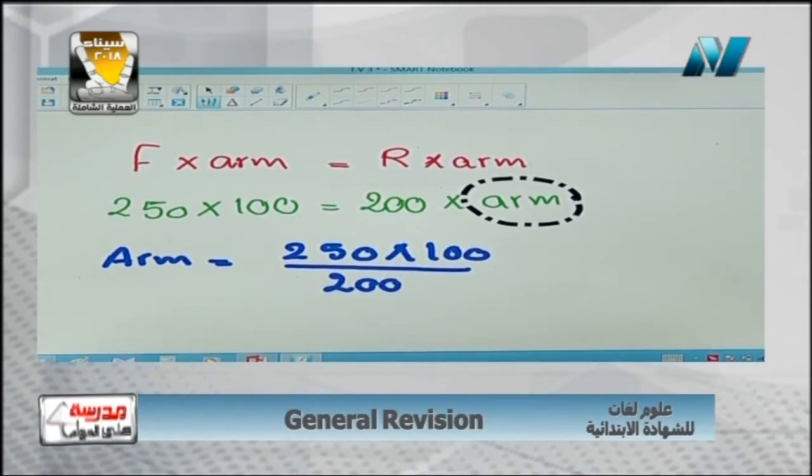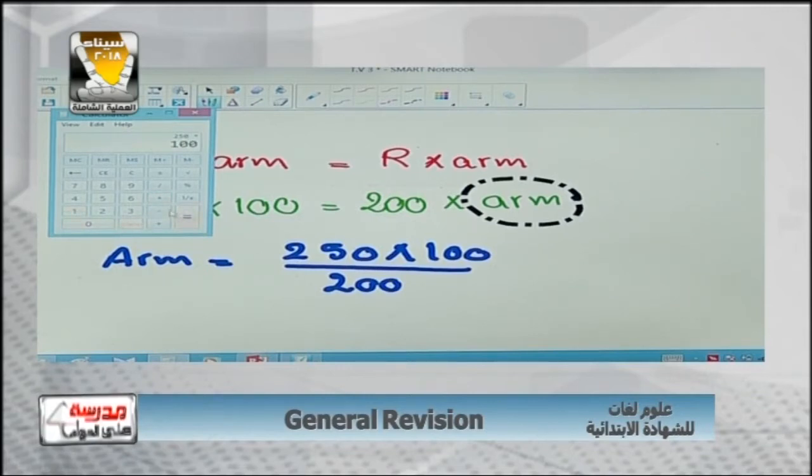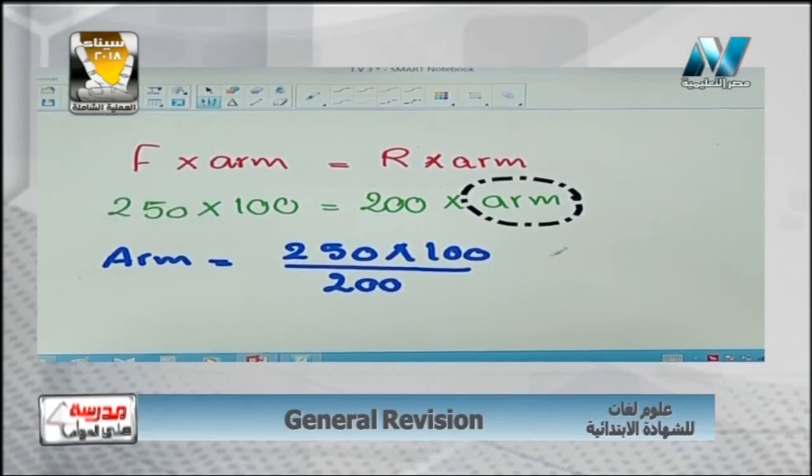By using the calculator هنا, أقول له 250 times 100 over 200, طبعا 25,000 over 200 equals 125. طيب 125 newton?